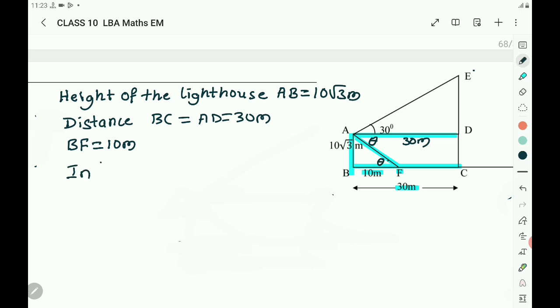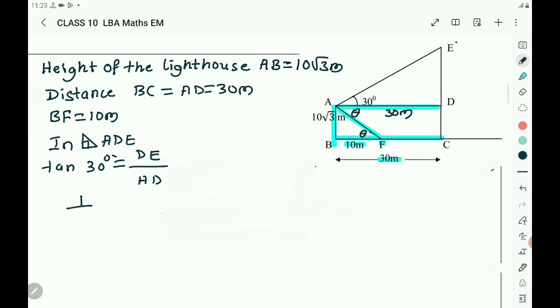So you write the name of the triangle. In the right angle triangle ADE, tan 30 degree equals opposite side DE by adjacent side AD. Tan 30 is 1 by root 3. 1 by root 3 equals DE by AD, which is 30 meter.